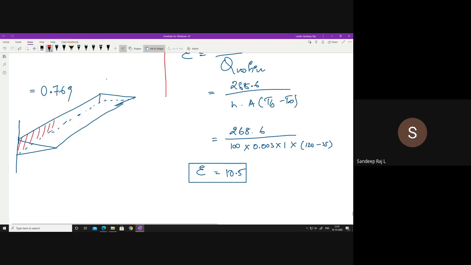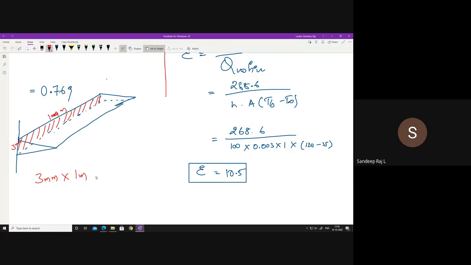This is the area. So this is 3 mm and this is 1 meter. This is 3 mm into 1 meter. Okay, is that clear? Whoever is asking this question. Yes, sir. So the area without fin, this area will remain. That is 3 mm into 1 meter. You have to write that. Hope it's clear.